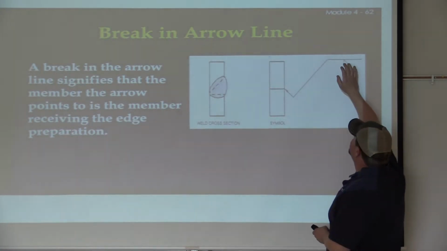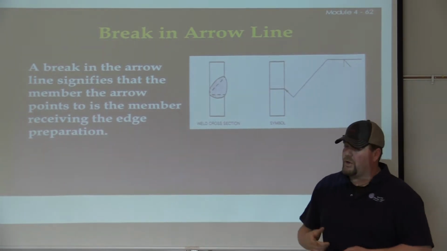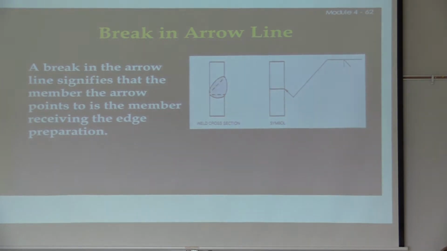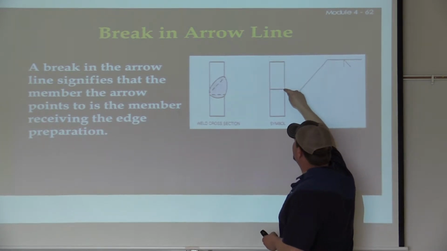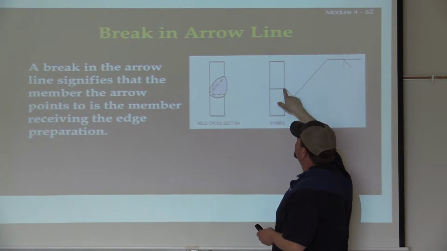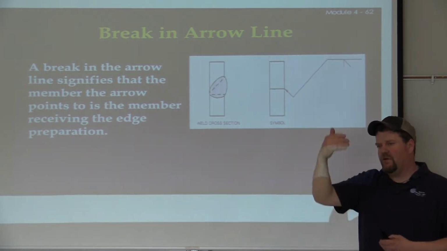So here's a perfect example: arrow side, single bevel groove. What does that broken line mean? A break is actually used when you're pointing to the actual piece that needs to be prepped. So if I break this, it's a single bevel, and I just point straight here, that tells me that this one needs to be prepped. In this case, it would be on the top section. And this is really common, especially on a vertical plane, right?